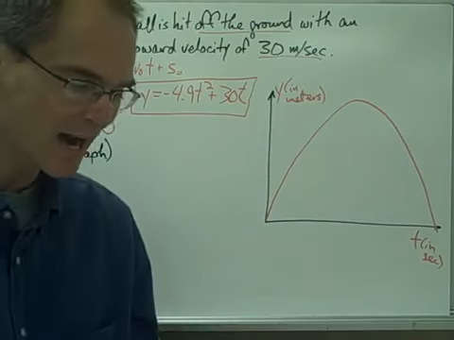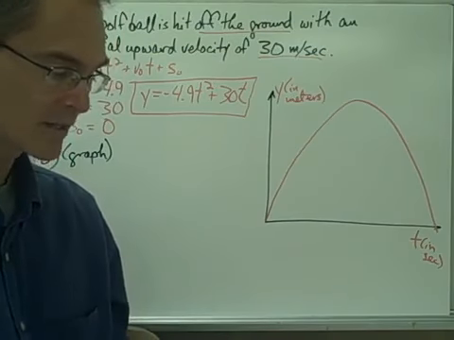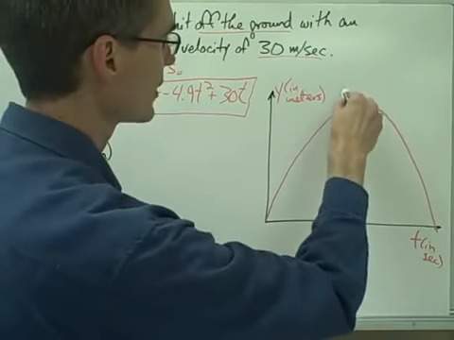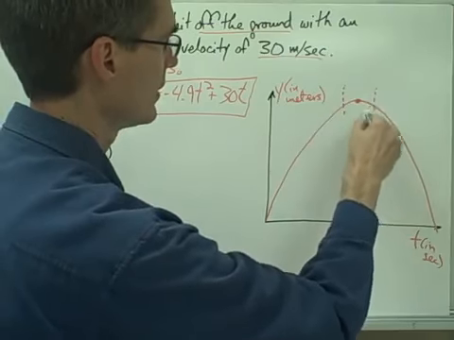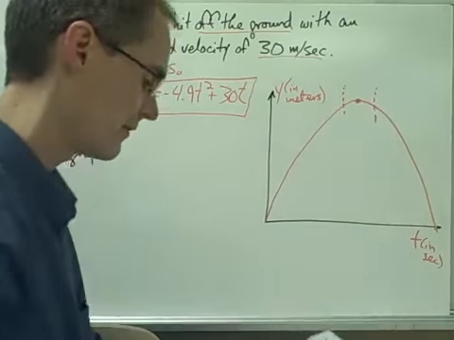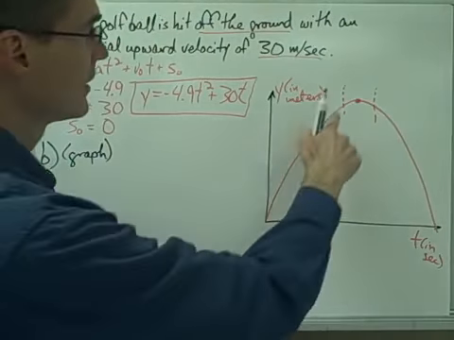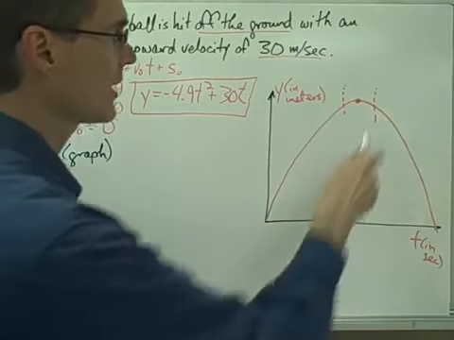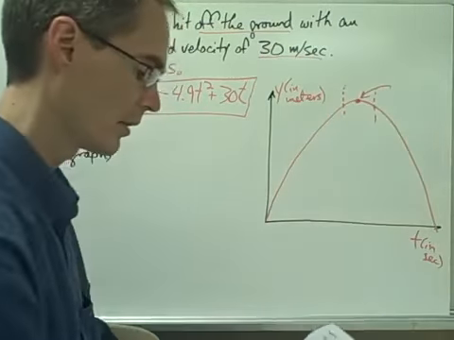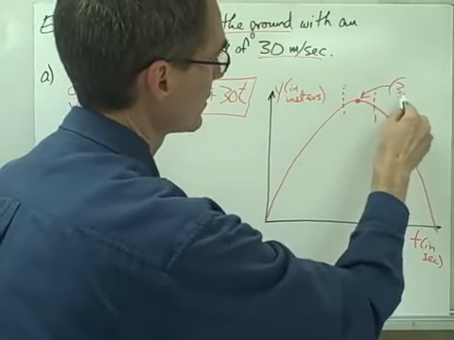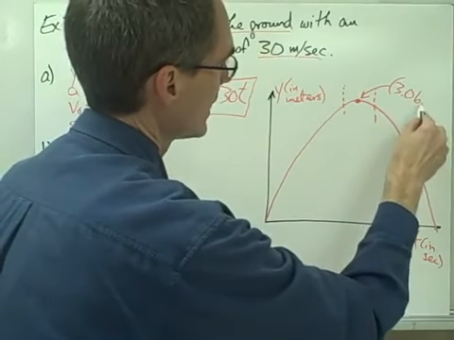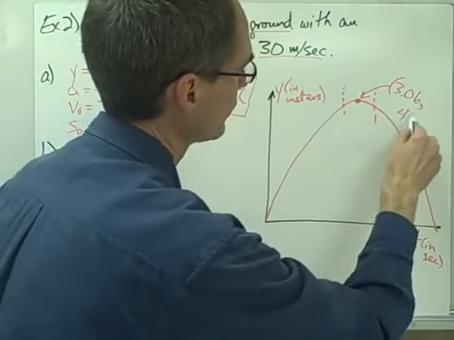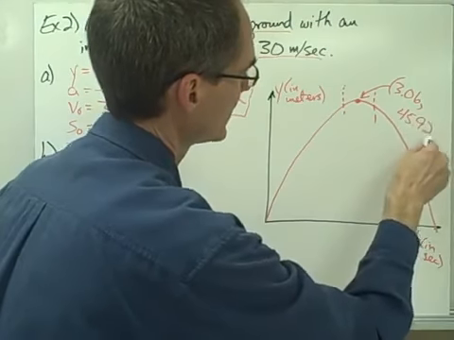Part C, what is the maximum height reached by the golf ball, and when does it reach that height? Well, my maximum height is going to be right here. I'm going to use the maximum function on my graphing calculator, and I discover that this point has an x value of approximately 3.06 and a y value of approximately 45.92.